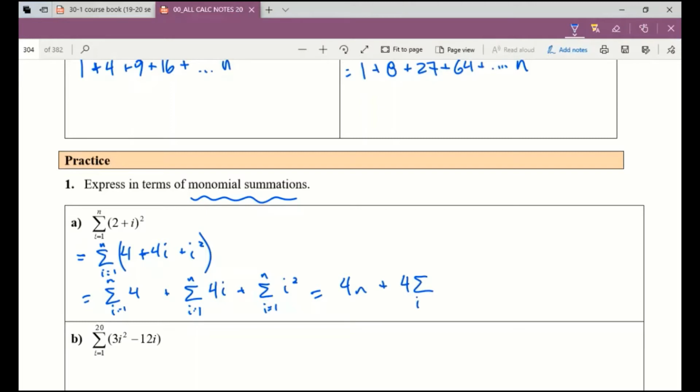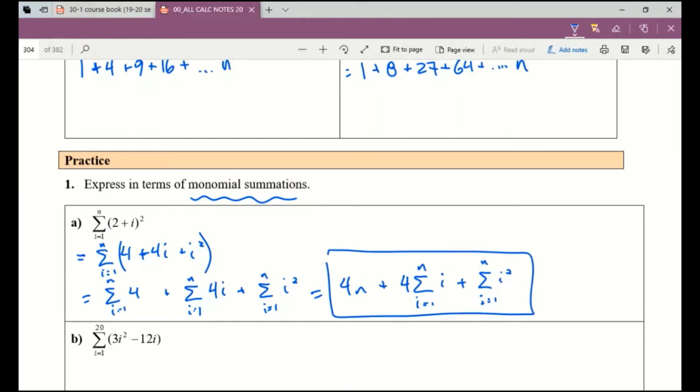So that would be the sum of 4 plus 8 plus 12 plus 16, which would be the same as 4 times the summation of 1 plus 2 plus 3. And so this ends up being 4 times the summation of i plus the summation of i squared. And that's really all that you're required to do in practice question 1. It's just this. If you left that first term as the summation of 4, that would be okay too.